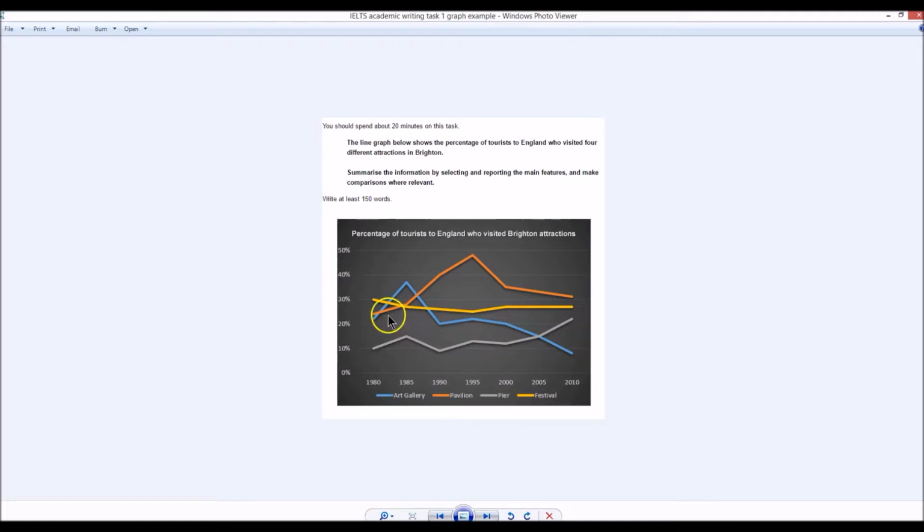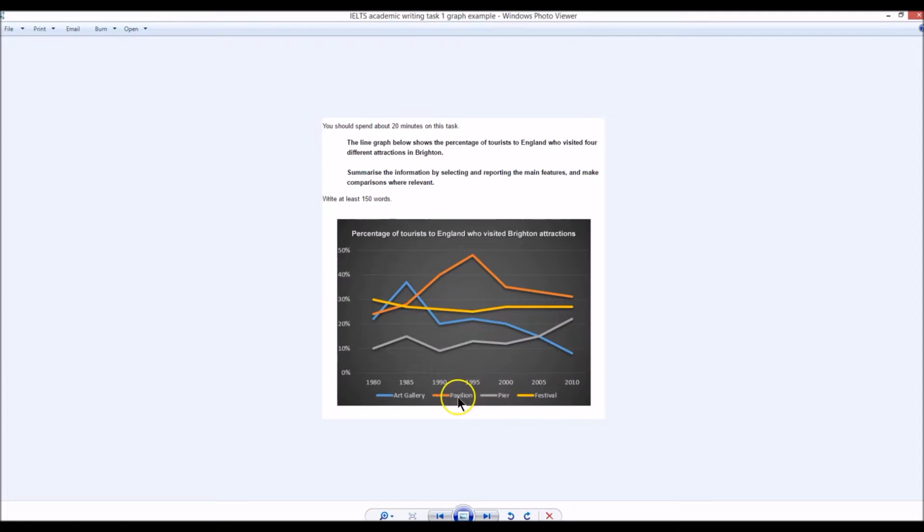Okay. For the festival, it's relatively stable. If you look at the amount of variation, it's not significant in any sense. If we look at the gallery, we can see a sharp rise or a sudden rise to a peak, followed by an equally sudden fall, and then a gradual decline to the end of the period.